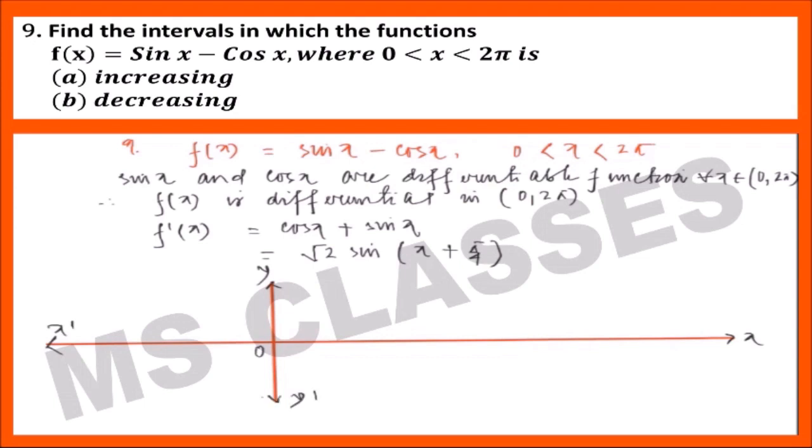Now, since it is plus pi by 4, that means the whole sin x graph, if we draw the sin x graph, this is the sin x graph in 0 to 2 pi. This graph should be shifted pi by 4 to the left. Or you can think in this way: when x is 0, sin x is 0, and this will be 0 when x is minus pi by 4, so it will be shifted by pi by 4 units towards the left.